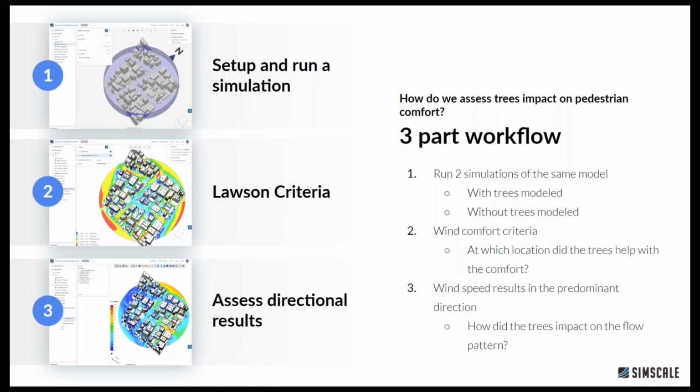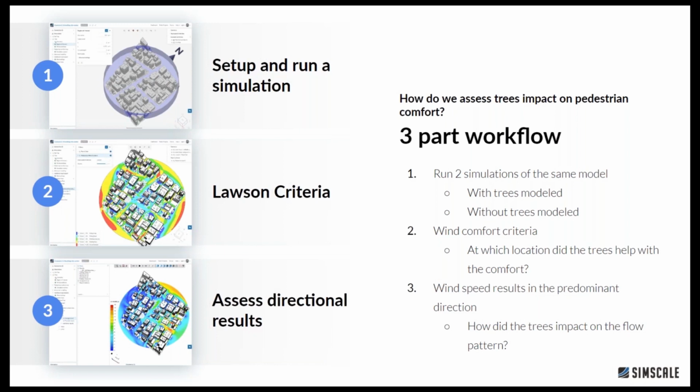Okay, so the workflow of today, to evaluate the impact of trees, is as follows. We're going to run simulations of the same model, one case with trees and one case without trees.